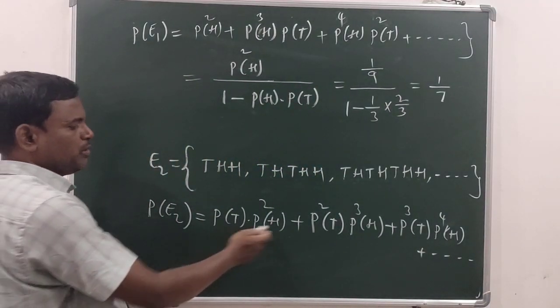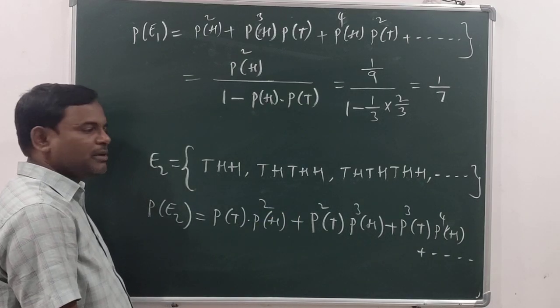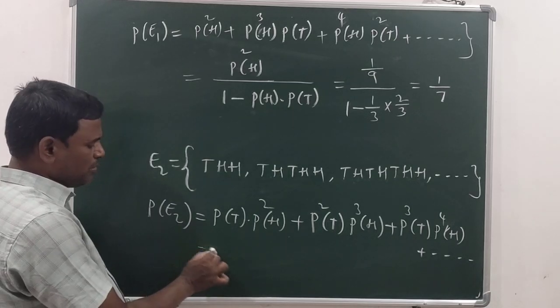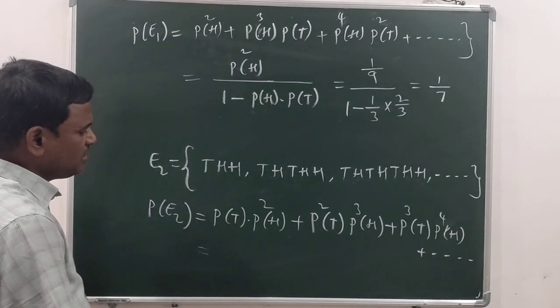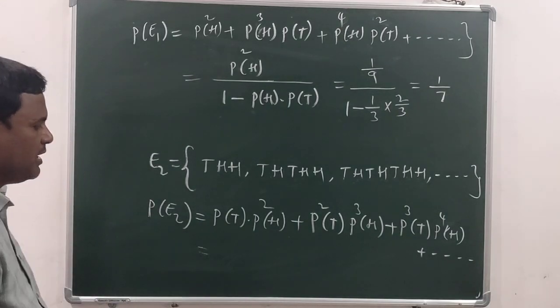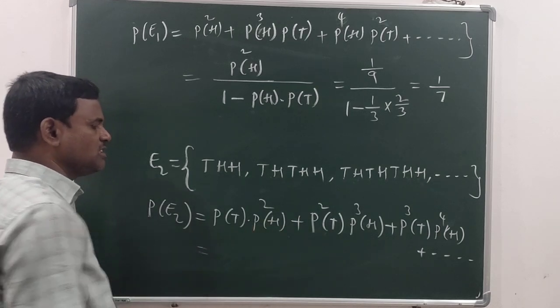Now observe, students. Again it is forming a geometric progression with infinitely many terms. So apply the A by 1 minus R formula to get this sum. Now A value is, first, P of T into P of H whole square. Okay, divide this with this. What is the common ratio?